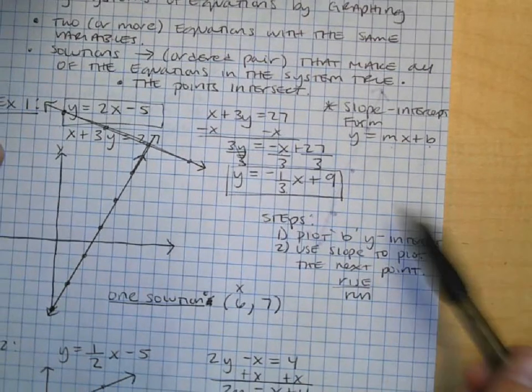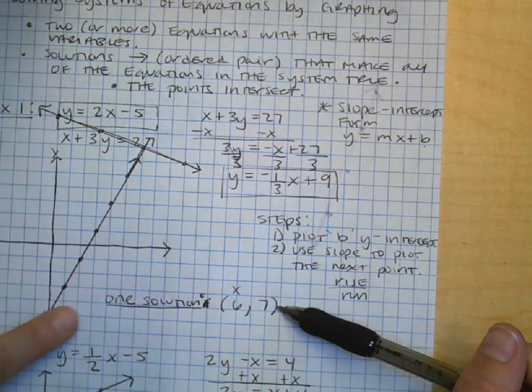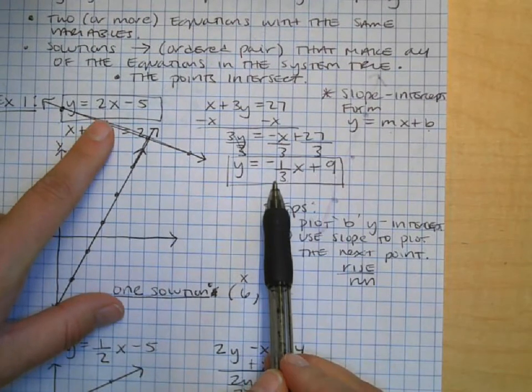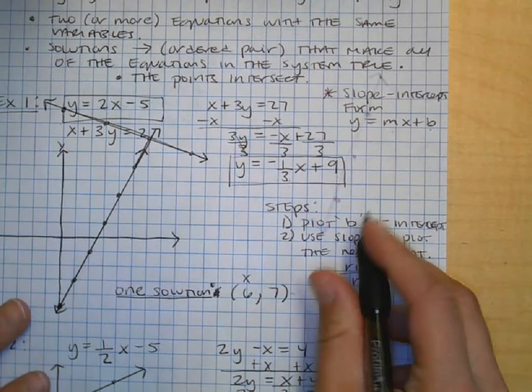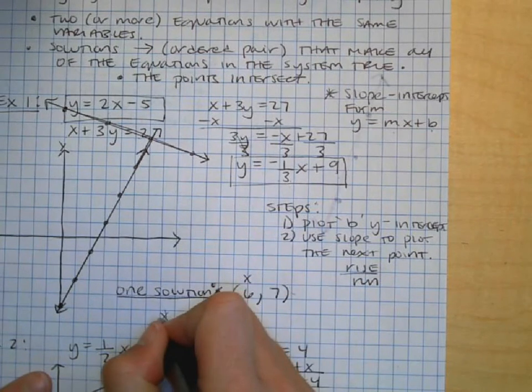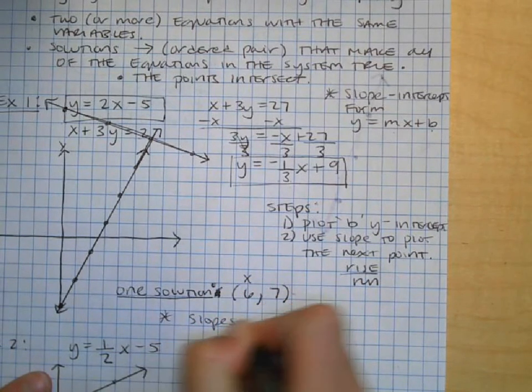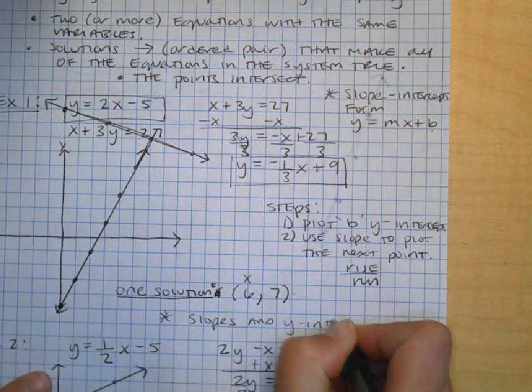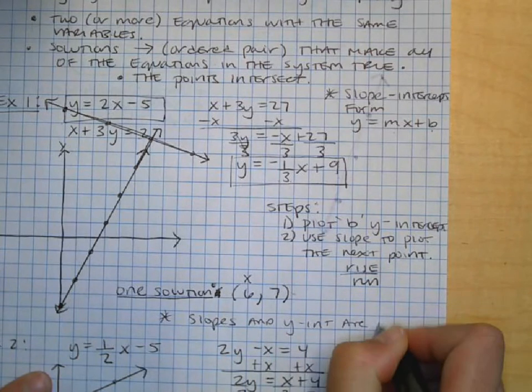And then up here for our one solution, we actually have a point that crosses at that value. And here we see that our slopes are different as well as our y-intercepts. So let's just make a little note of that. So slopes and y-intercepts are different.